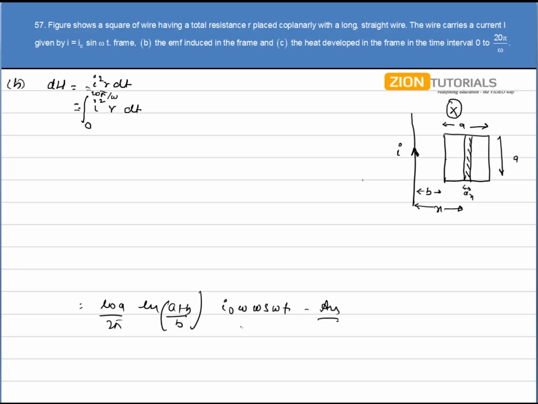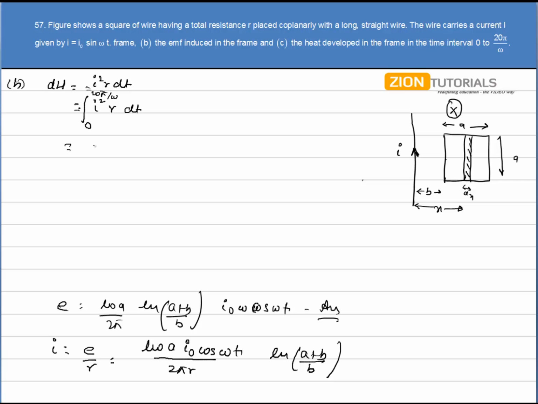We calculated the EMF in the earlier part, that is the A part. So I can calculate the current as E by R, which will be mu naught A I naught cos omega t divided by 2 pi R natural log of (A plus B) by B. This is the current flowing through it.